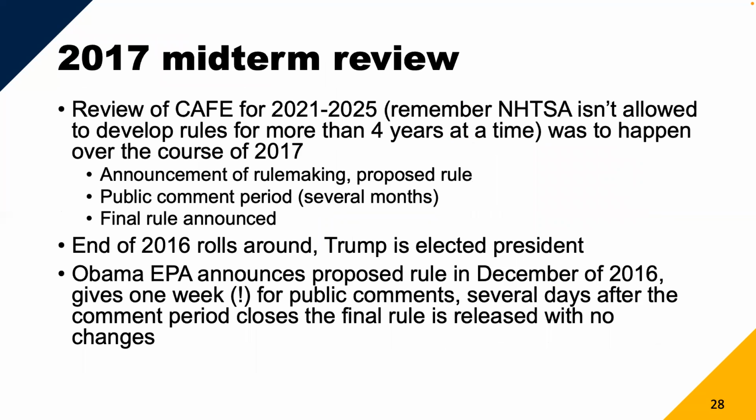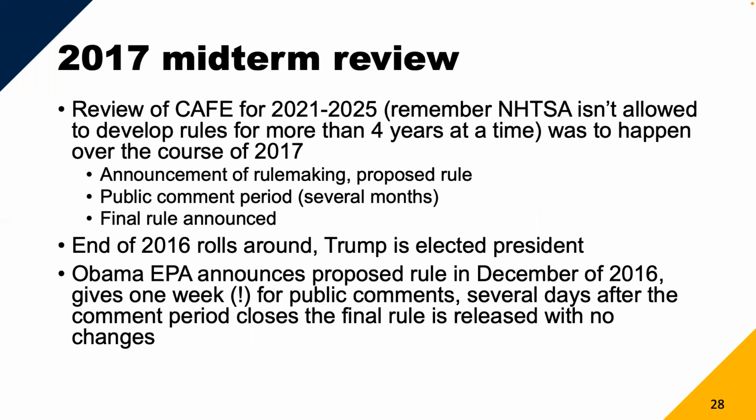things changed. Okay, so the 2017 midterm review: a review of CAFE going from 2021 to 2025. NHTSA isn't allowed to develop the regulation for more than 4 years at a time, so this was slated to happen over the course of 2017.